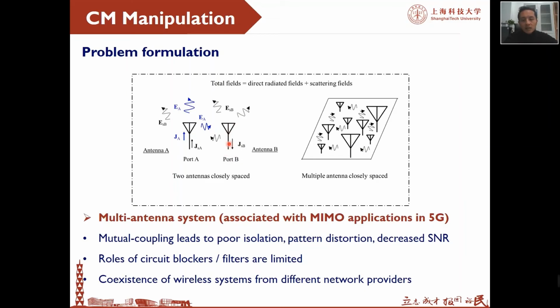The reflected wave will re-radiate and generate secondary induced currents on the original antenna. All these fields sum up and result in very poor isolation, not only port isolation but also polarization isolation, and will also cause pattern distortion that decreases the signal to noise ratio.